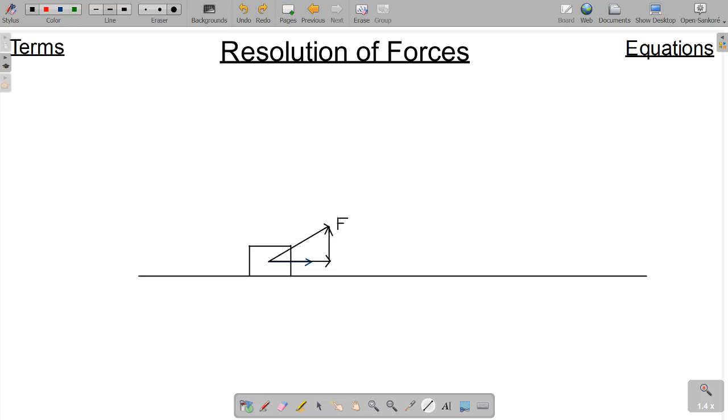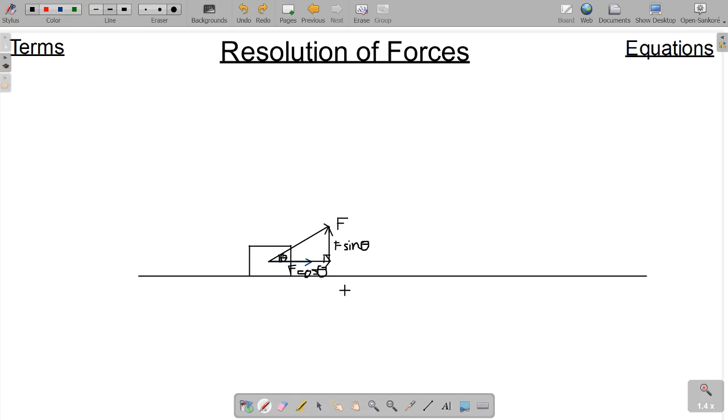I'll talk more about it later. We'll basically resolve it into these two perpendicular forces: F sine theta and F cosine theta, where this is theta.